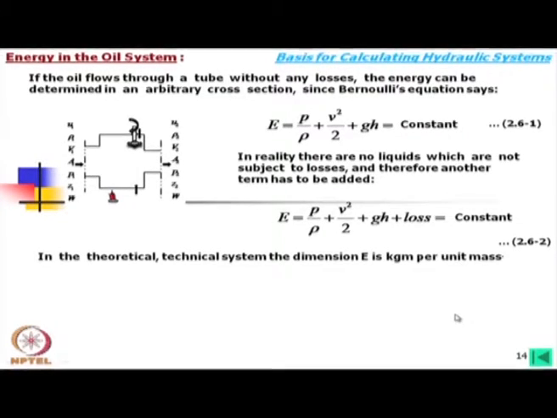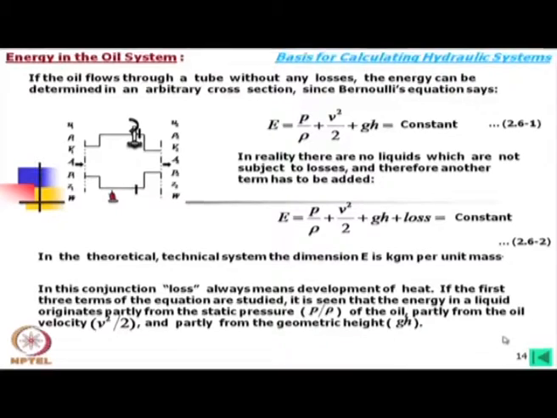In the theoretical or technical system, the dimension of E is kg centimeter per unit mass; I think you know that in SI units it will be slightly different. In this connection, loss always means development of heat.